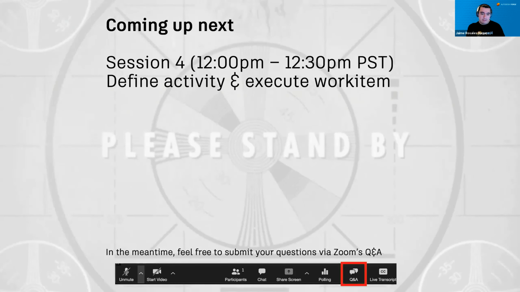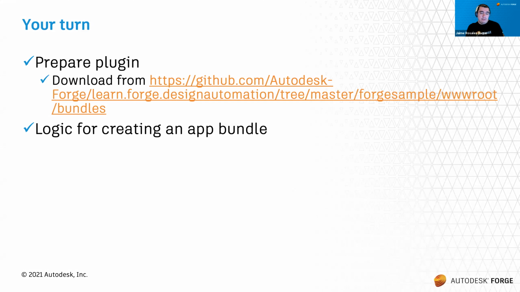Again, going back to, you need to prepare the plugin. If you still need the URL, I can send it to you, but like I showed, it is available to get access through the LearnForge material. So I don't think you guys need it, to be honest. You can obtain it from there directly in the same way that I did when I was showing you. And then also creating the logic for the app bundle itself.